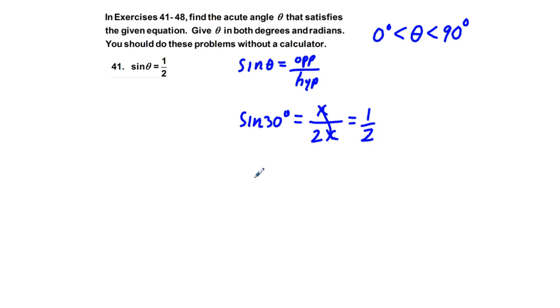So therefore, if we take the inverse sine of sine 30 degrees, we're going to have 30 degrees.